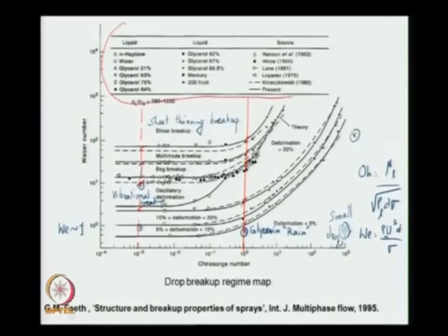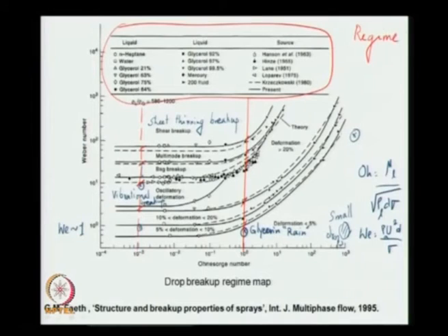As you can see from the class of liquids that were studied, this kind of information, where experiments from various sources are all collated onto one graph, is called a regime chart. A regime chart like this is very useful, because for my given situation I know what behavior to expect.